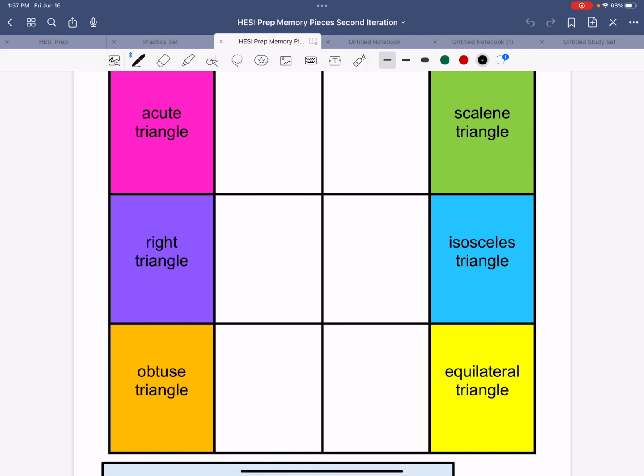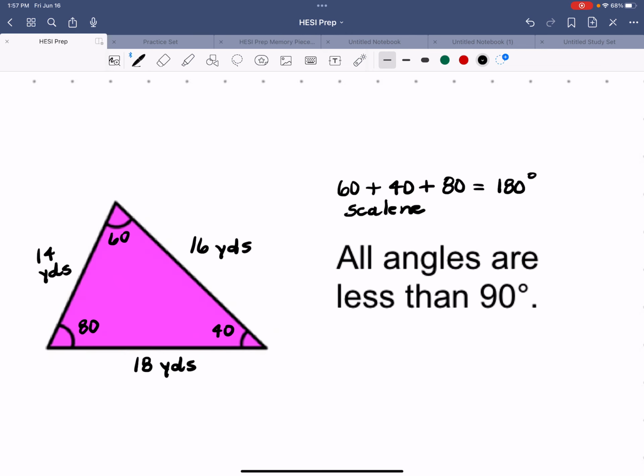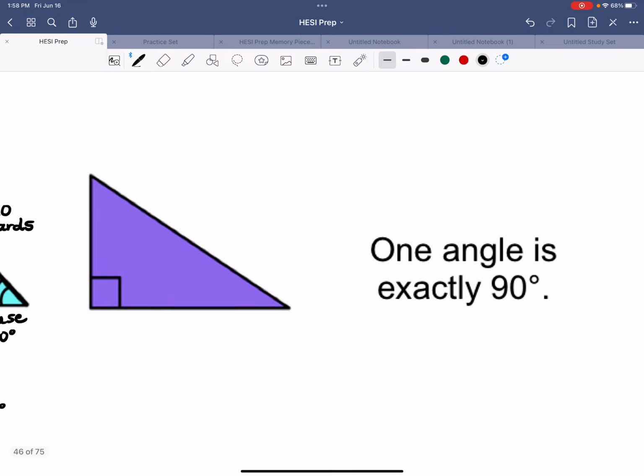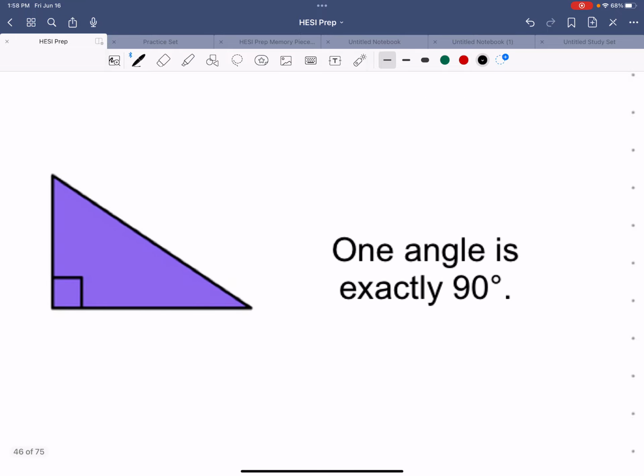Moving on to right angle. This one has one angle that is exactly 90 degrees. That is designated. Most often there will be one by a box here. Sometimes it's shaded, sometimes it's not, but that indicates perpendicular. So that is 90 degrees.